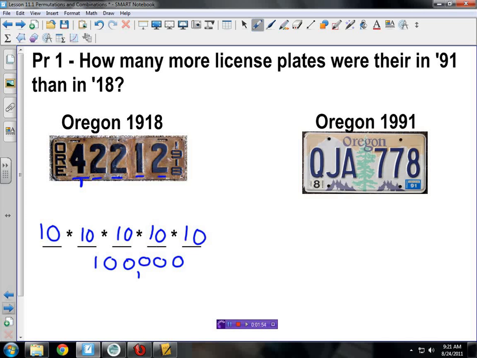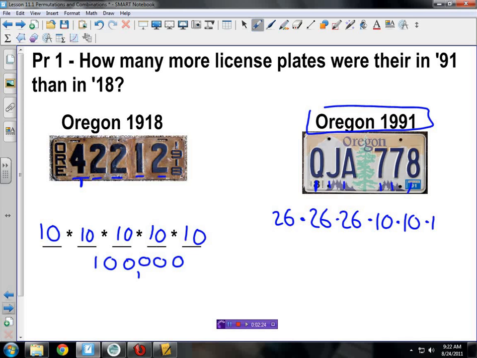And in 91, the license plates looked like over here. They had 3 letters followed by 3 numbers. So using the fundamental counting theorem again, we're going to do the same thing, except instead of 10, here we're going to have 26, the 26 letters in the alphabet, times 26 times 26, and then 3 numbers, which is 10 times 10 times 10.